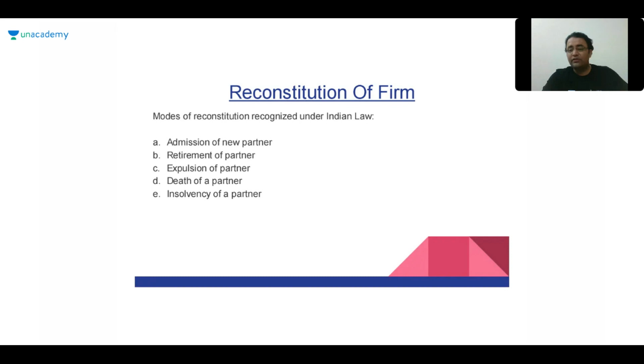But in case of a sleeping or dormant partner, it is not necessary. Yes, the law says that in case of a sleeping or dormant partner, it is not necessary, obviously, because the sleeping partner was anyway not involved in the day-to-day affairs of the company, so he cannot be held liable for the actions of the company.